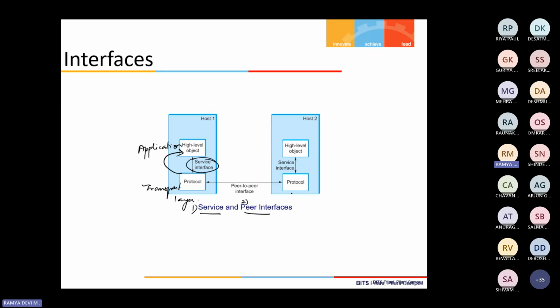The next one is the peer interface. It defines how a layer communicates with the peer layer. Two systems are there, host 1 and host 2. How the transport layer in host 1 interacts with the transport layer in host 2, that is your peer-to-peer interface.